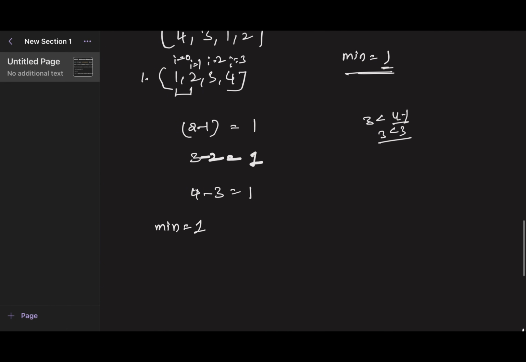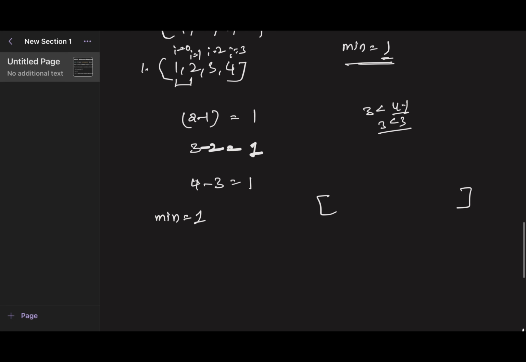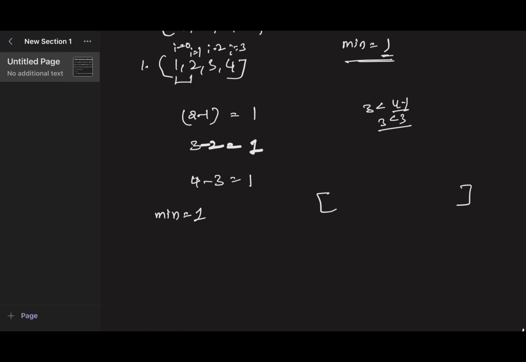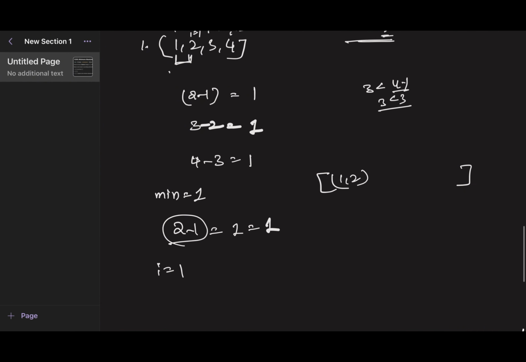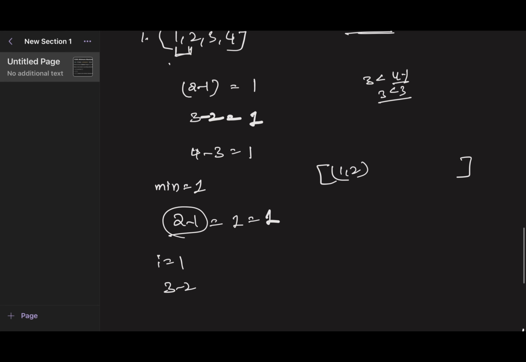So let's take the list. When i is equal to 0, what are the variables? 2, 1, which is 2 minus 1, which is 1, which is equal to the minimum difference. So we'll add this pair, 1, 2. Then when i is equal to 1, 3 minus 2 equals 1, double equals to minimum difference, so we'll add this pair also, 2, 3.